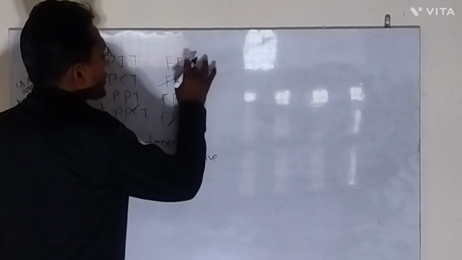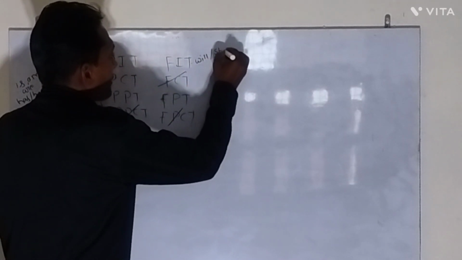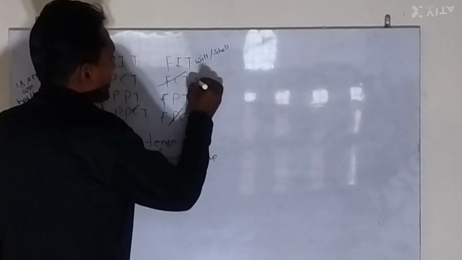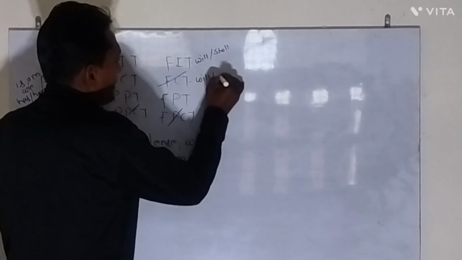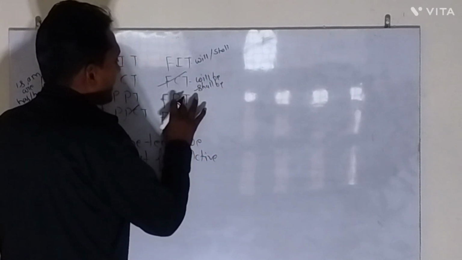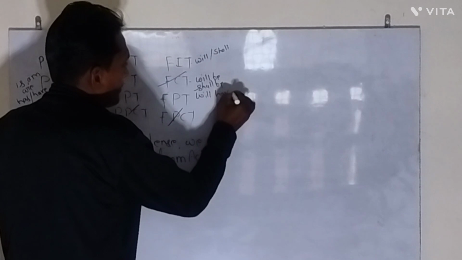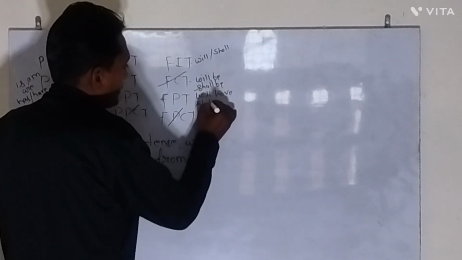So for future indefinite tense, will or shall. Right? Future continuous tense, will be or shall be. And future perfect tense, will have or shall have.